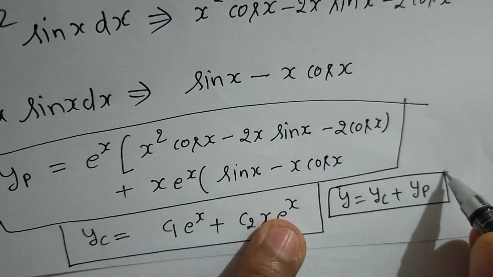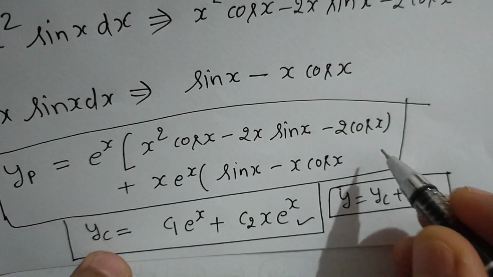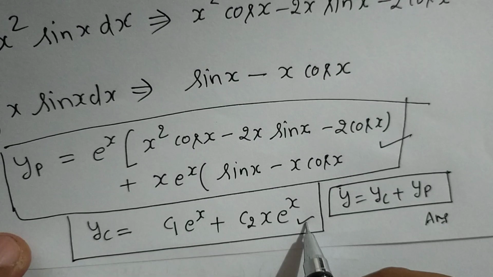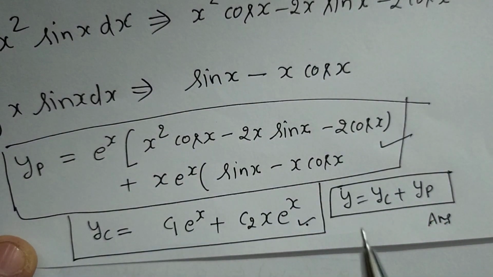So this is your final answer, where yc is given here and yp is given here. Yc we found using the auxiliary equation, and yp we found using the method of variation of parameter. Okay, thank you.